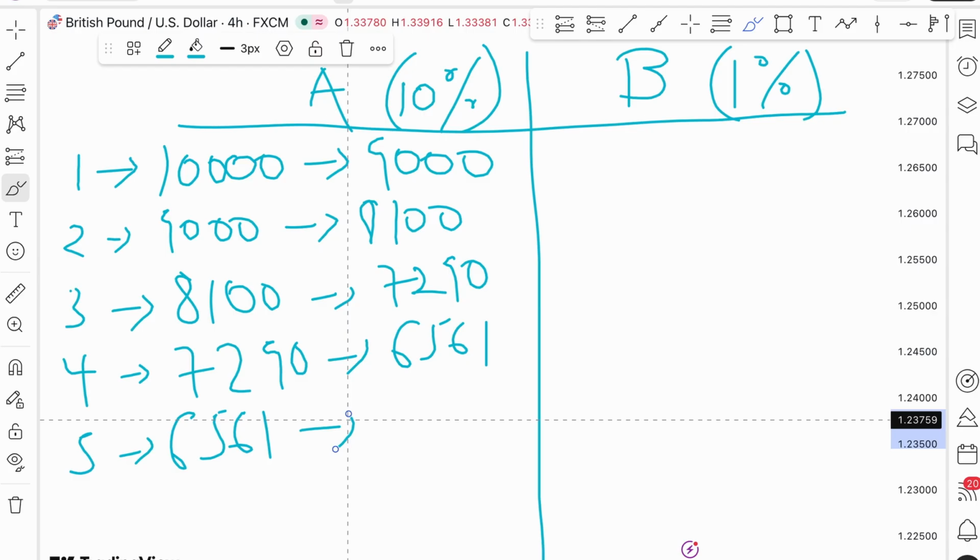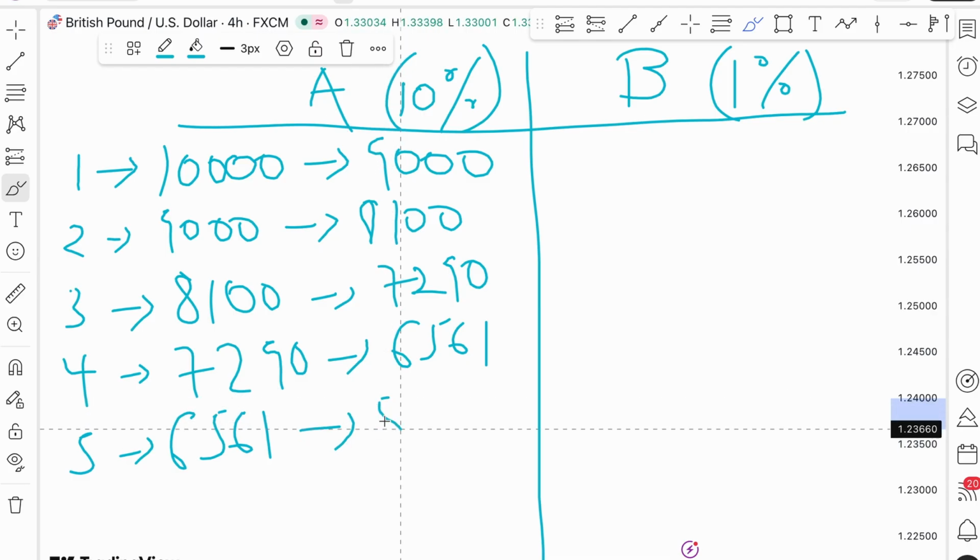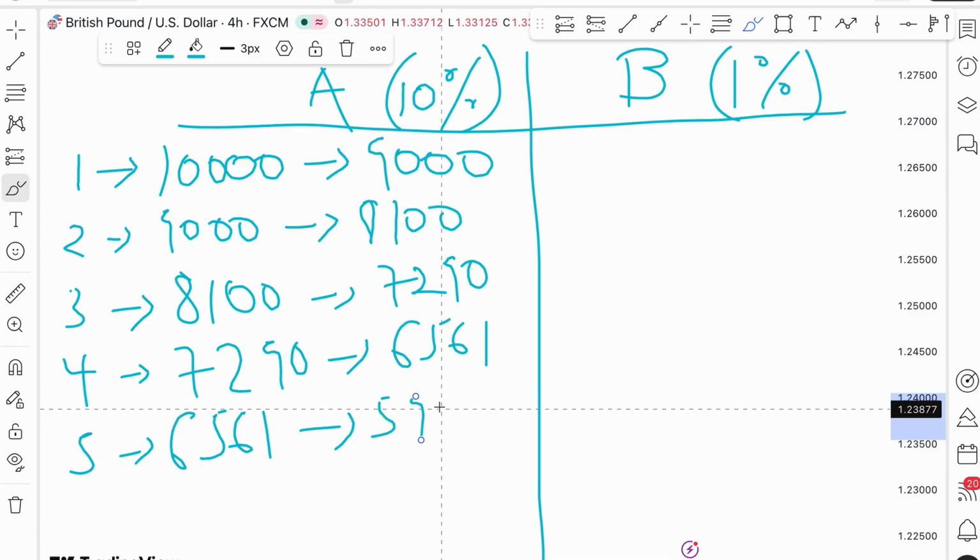When we less it from it, we are going to have a balance of 5,904. Imagine having an account of $10,000, risking 10% per trade, and taking 5 transactions on the trading market, where you lose all 5 transactions. Your balance becomes 5,904.